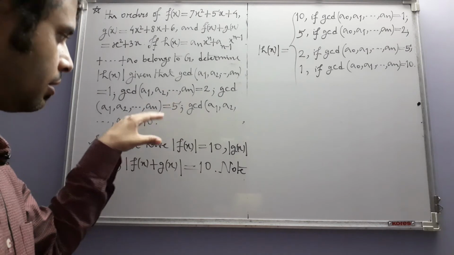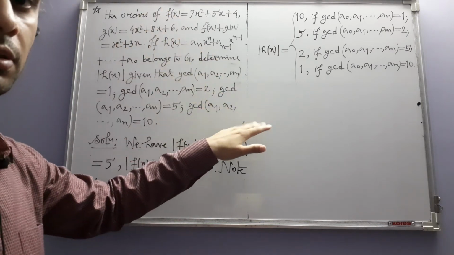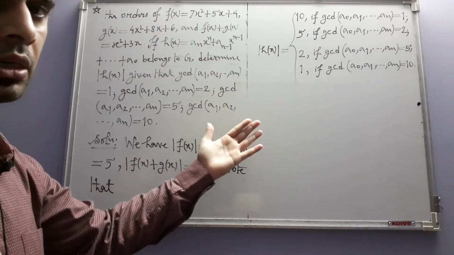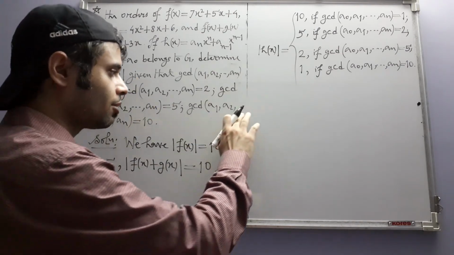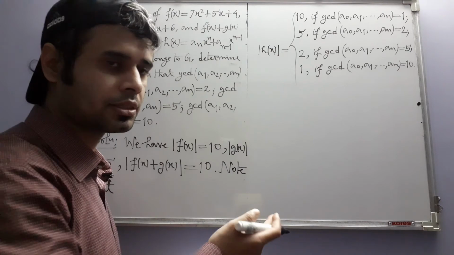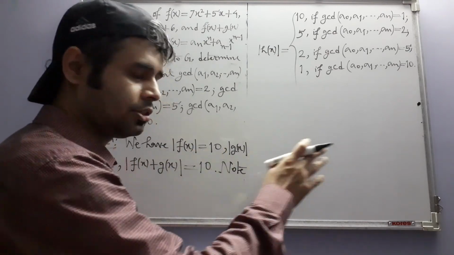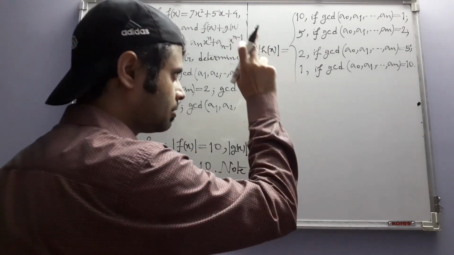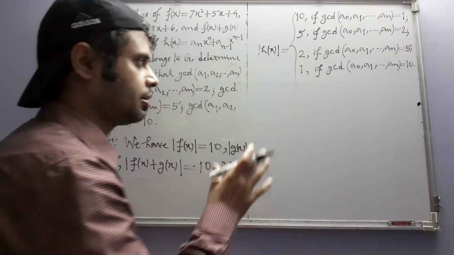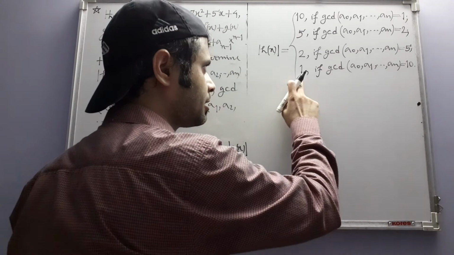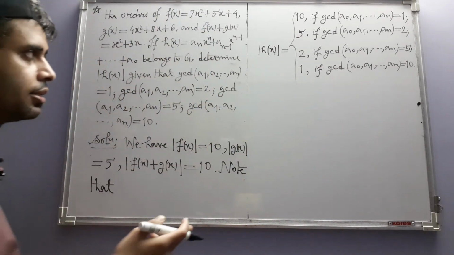In this group of polynomials over Z10 under the addition operation, the 0 polynomial is the identity element, and the identity element in any group has order 1, so that's why we are getting 1.